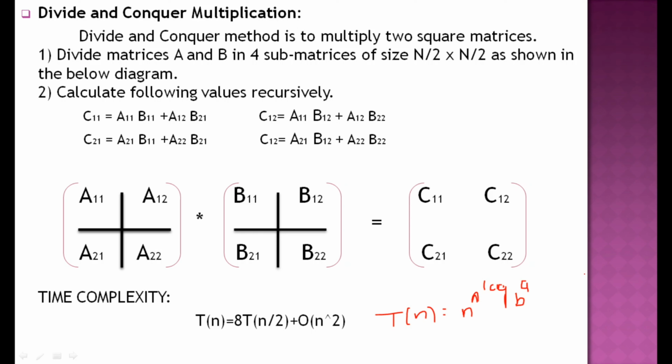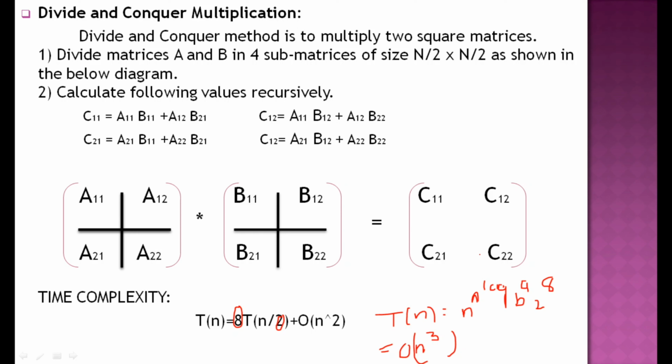Here the a value is 8 and the b value is 2. So the time complexity is n to the power of log 8 to the base 2, that means log 2 to the base 2 into 3, that is order of n cube.